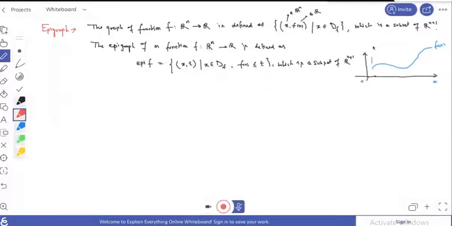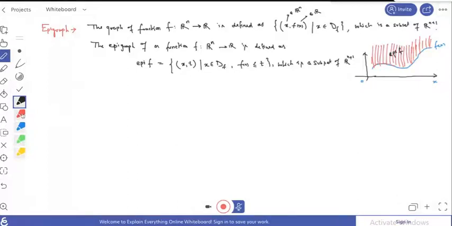So this means for any t, this portion is the collection of all x and f(x) where we take this line, that line is f(x), and the values greater than that, where t is any real number. So you get that region. This is your ep of f, the epigraph of f.